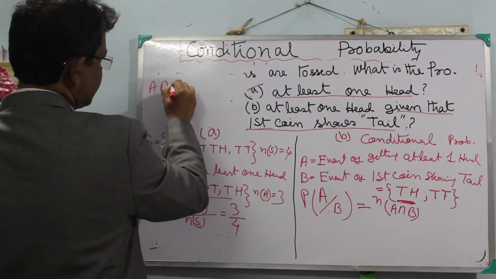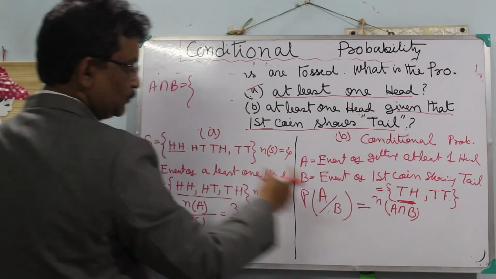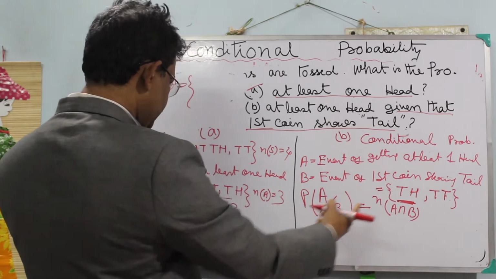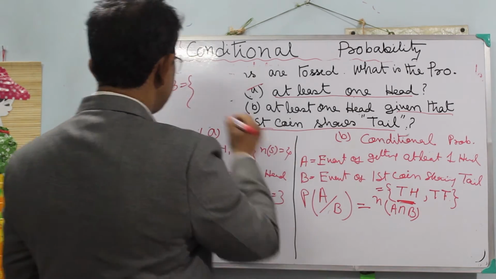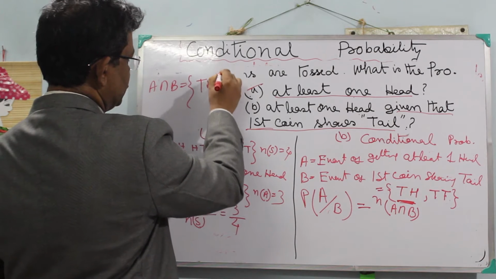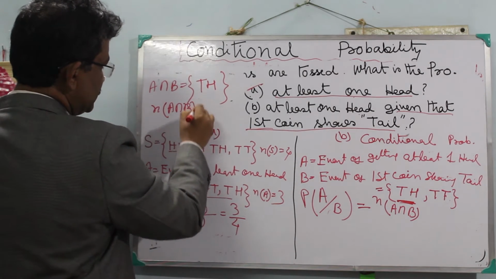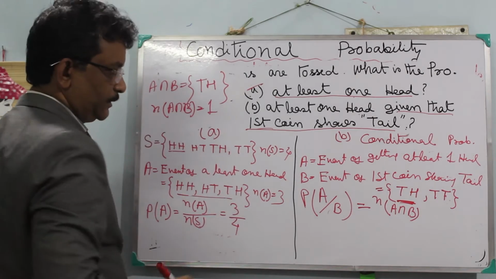You see, this is A and this is B. A intersection B is only TH. So the number of elements of A intersection B is one element.